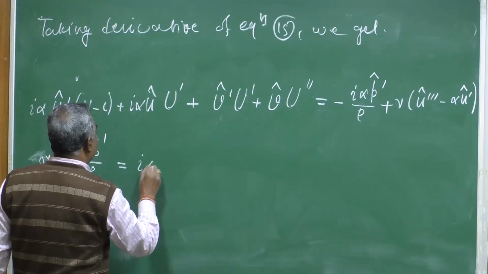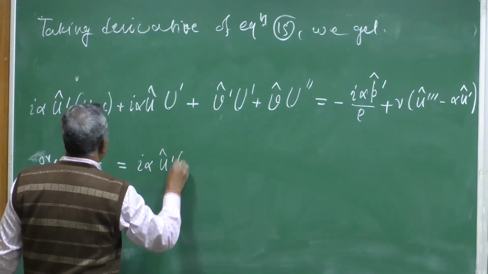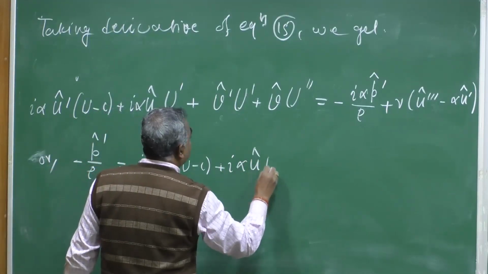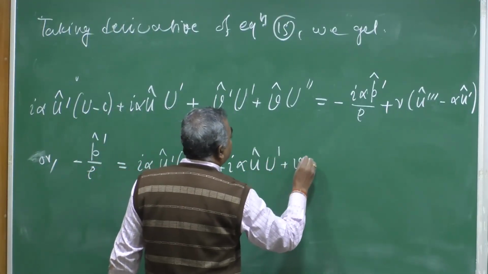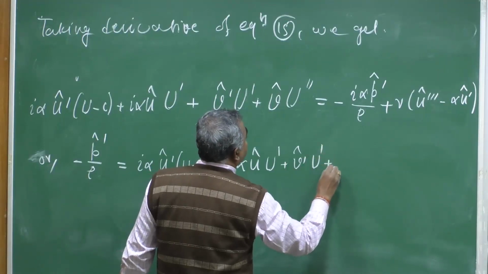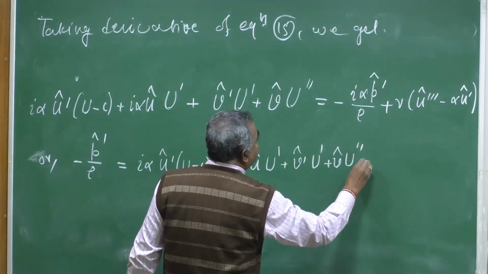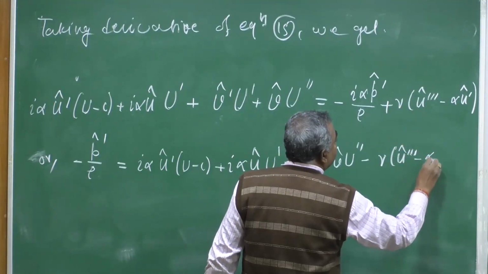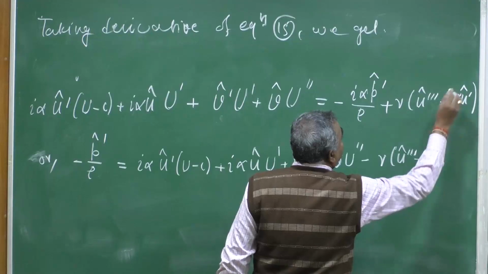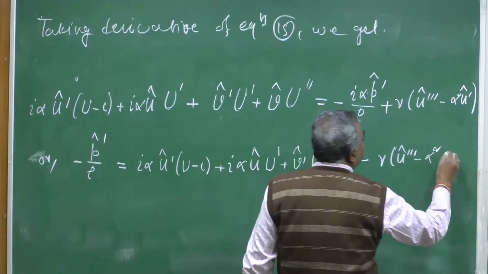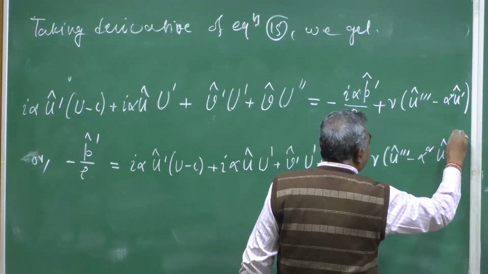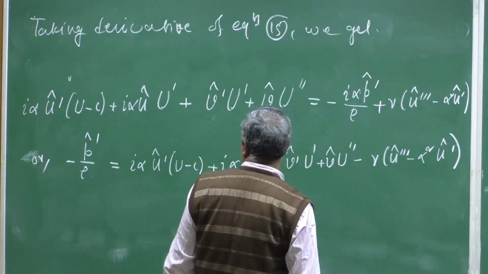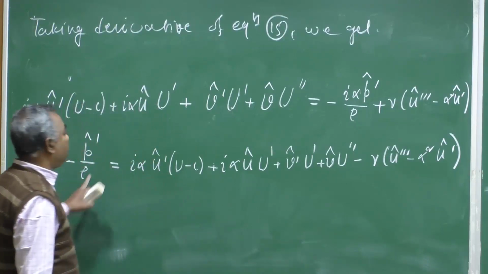Let me write I alpha u hat prime (u minus c) plus I alpha u hat u prime plus v hat prime u prime plus v hat u double prime minus nu u hat triple prime minus, sorry, there should be alpha square here, alpha square u hat prime. Okay. So, this is what we get from this equation.